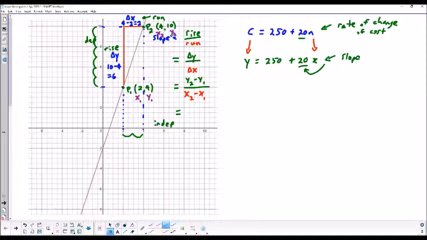The y2 is this 10, the y coordinate of point 2, and y1 is the y coordinate of point 1, so it's 10 minus 4. The x value, x2 of point 2, is 4, and the x value from point 1 is 2. When we simplify all that, 10 minus 4 is 6, and 4 minus 2 is 2. And so we get a slope of 3.